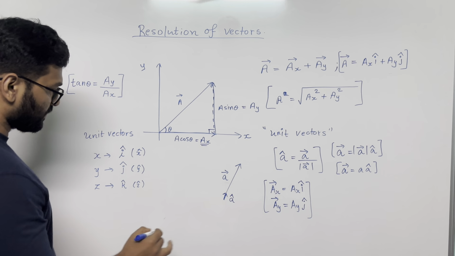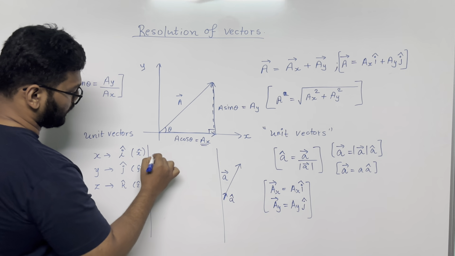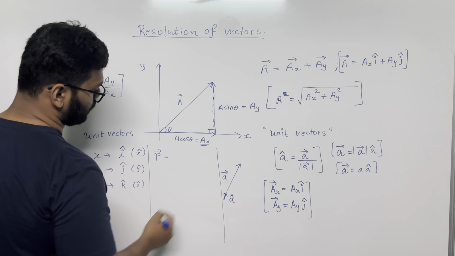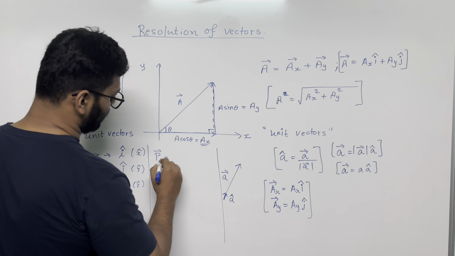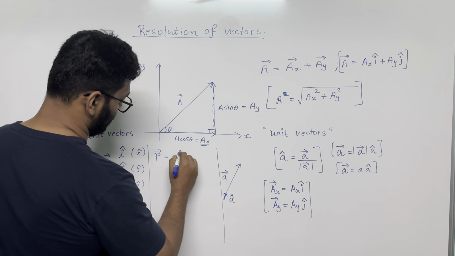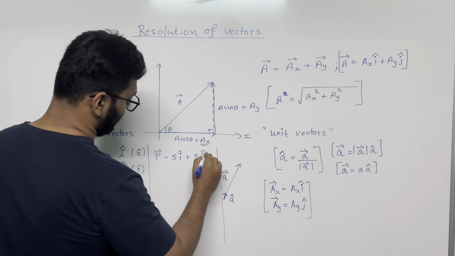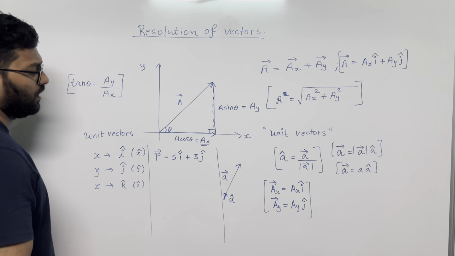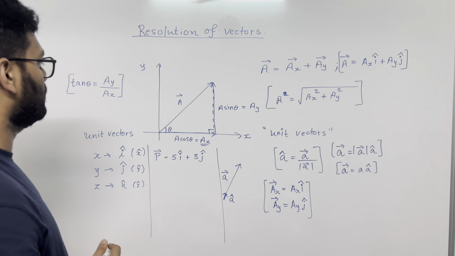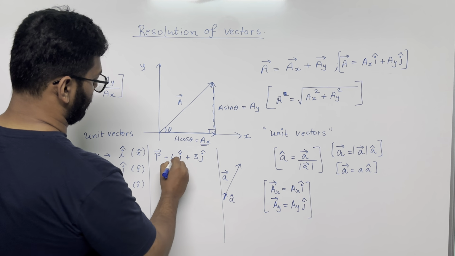Suppose somebody asks you this question. There is a vector p bar which is equal to 4i cap plus 3j cap.